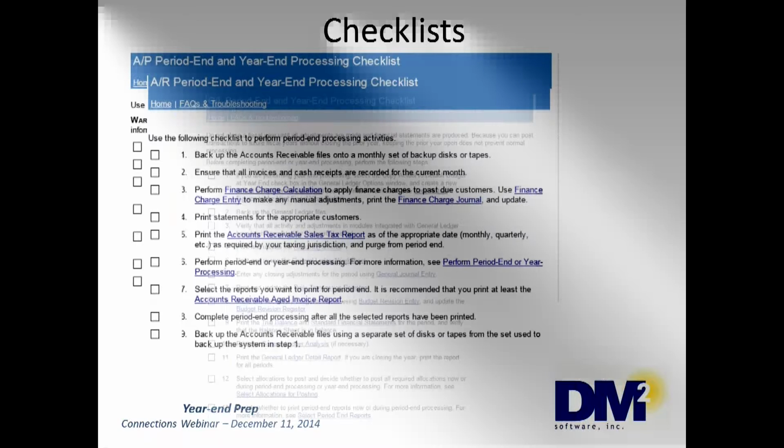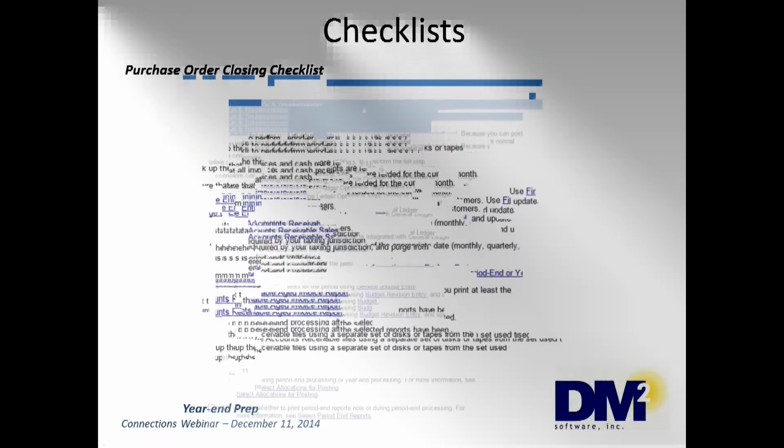Ultimately, these are guidelines, a good starting place, but ideally you're going to want to create your own checklist, using these as guidelines. We're going to take a close look at a couple of checklists for modules, one being purchase order, another being general ledger.